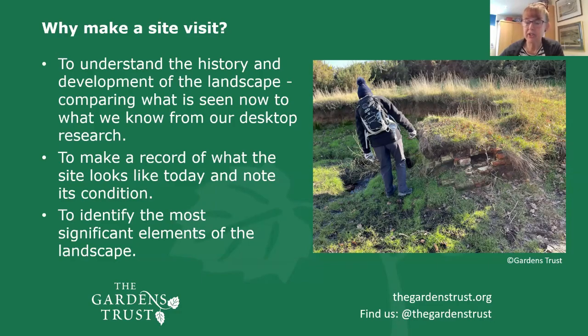We're not writing condition surveys for this project, but you can make a note of whether something is ruined, or not maintained, or has been recently restored, vandalized, or even completely disappeared. And your visit helps us think about which elements contribute most to that landscape's significance. For example, what features really stand out and make it special.